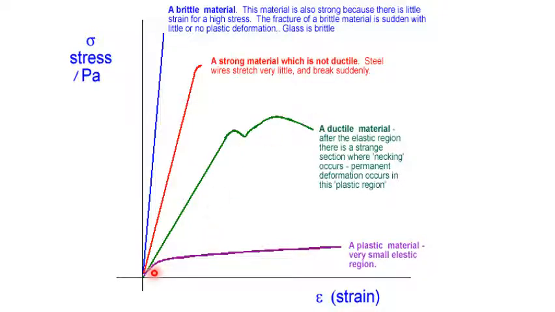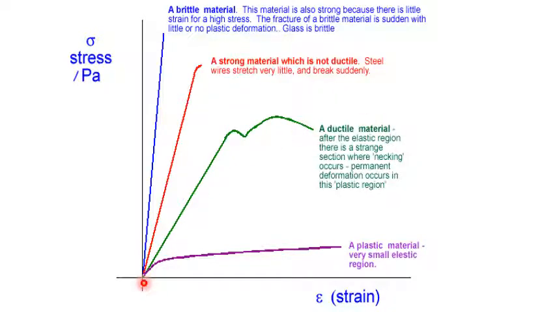We can clearly see there is a linear behavior and it yields and the load drops down and goes to the maximum, that is the ultimate strength, then it breaks. Here we can clearly see the yield point phenomenon in a ductile material.